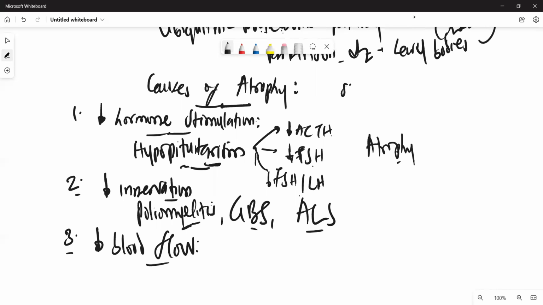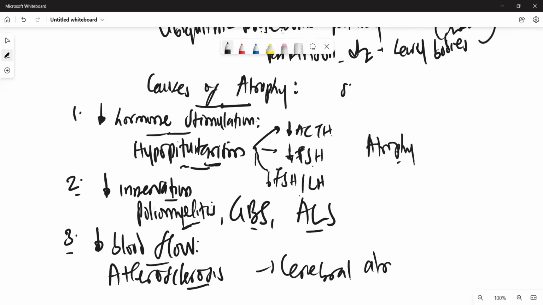But if there's a gradual decrease of blood flow to a tissue, like in progressive arteriosclerosis, whereby an atheroma is gradually blocking the blood vessel, that can lead to atrophy. For instance, cerebral atrophy.